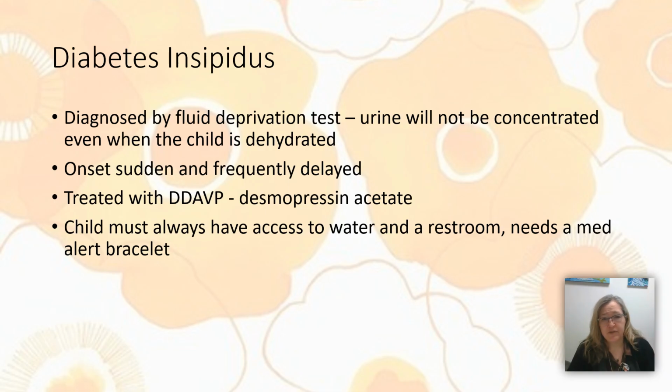So what they do to test for this is called a fluid deprivation test, and a person that has this, their urine production will not go down the way it would in a regular person until there's no fluid left. And so the child will become excessively dehydrated, and you'll see severe symptoms of that before they stop making urine. So the onset of this can be a sudden onset or a delayed onset.